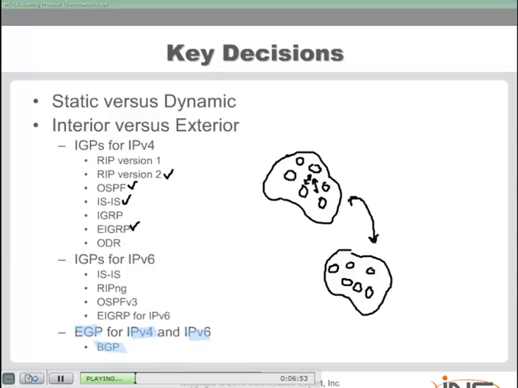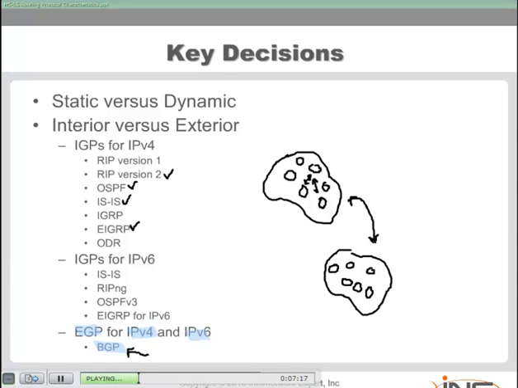You got one option, and that's the border gateway protocol. So you talk about an easy decision. When we are designing the EGP, when we're designing our exterior gateway protocol, we don't have to choose which one to use anymore. There is only one that we are going to use, and that's border gateway protocol.